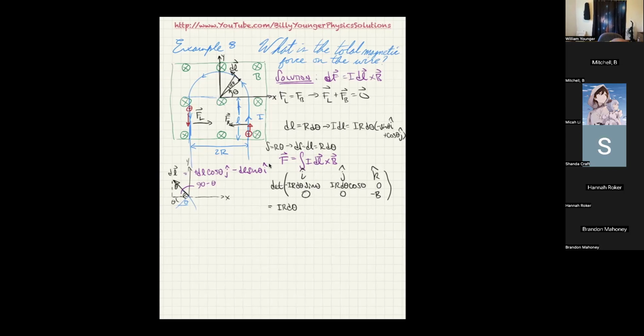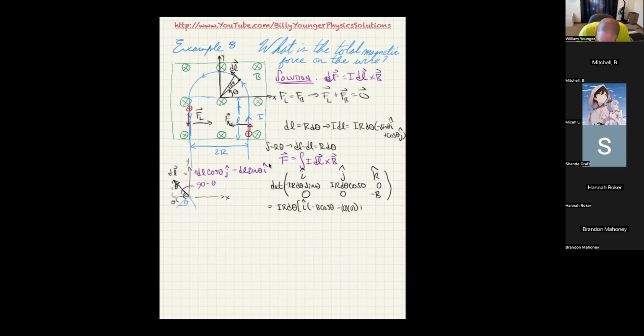And then out in front of that we can write i hat. So what I've got left now is negative B cosine theta for that part minus 0 times 0. So that's how we did the determinant of the little 2 by 2 that was left.